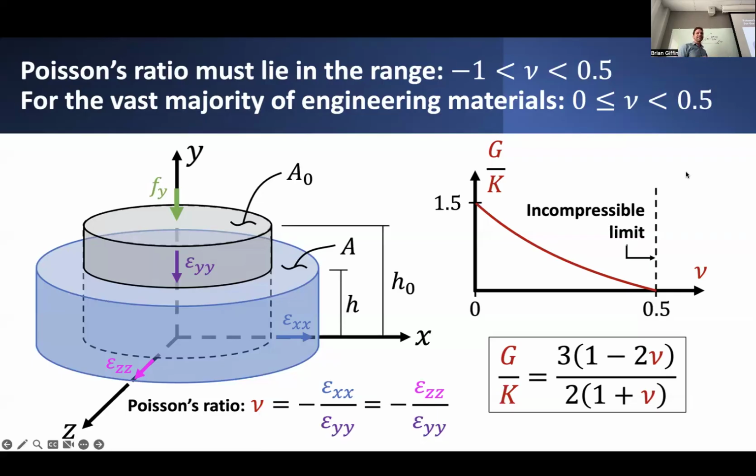Some situations where that's the case are materials that have very low shear modulus. They're very easily deformable in a volume preserving deformation, but by comparison, they're relatively incompressible in the sense that they have a comparatively big bulk modulus.